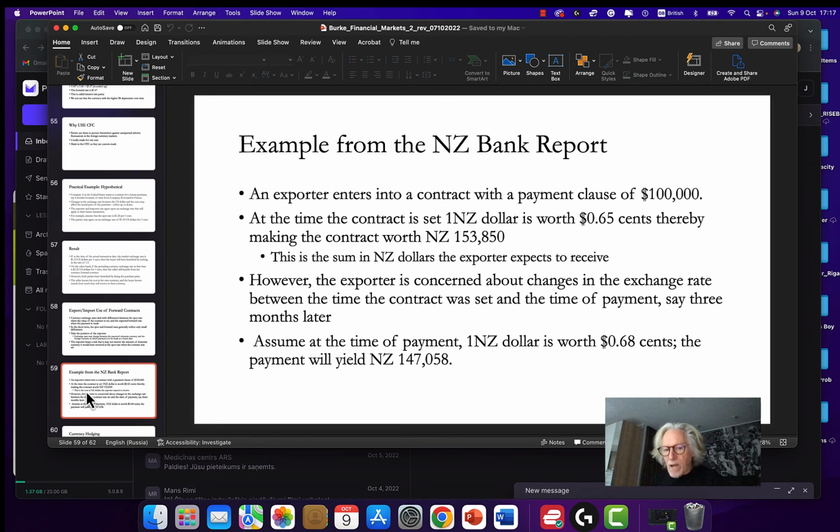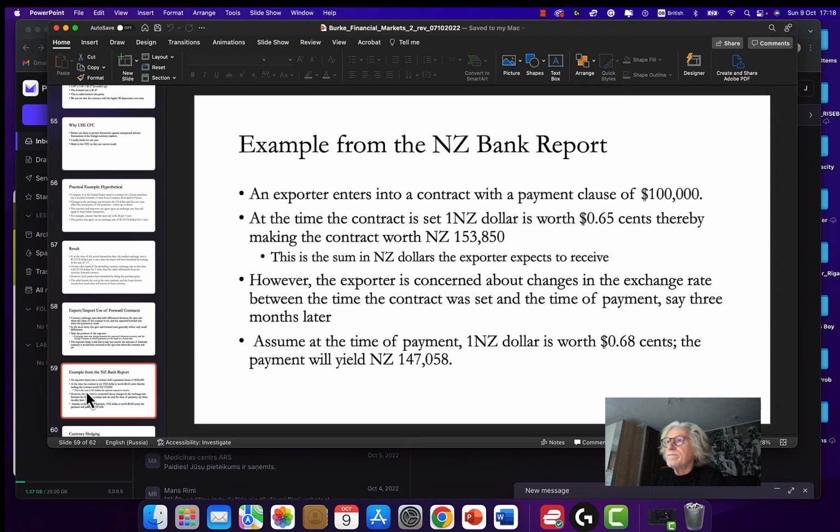So if the spot rate is 1 New Zealand dollar is worth 65 US cents, the contract from the perspective of the exporter, the New Zealand party, is worth 153,850 New Zealand dollars. That is the amount that, at the spot rate, this exporter could get if it were paid 100,000 US dollars.